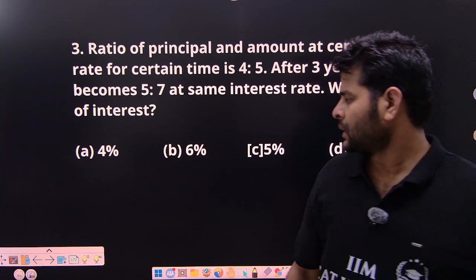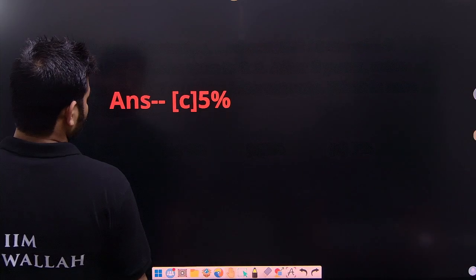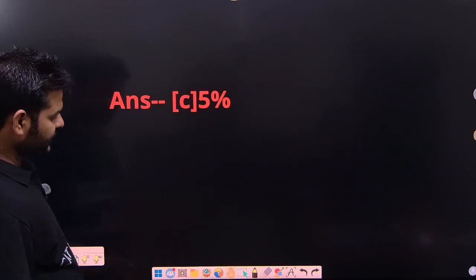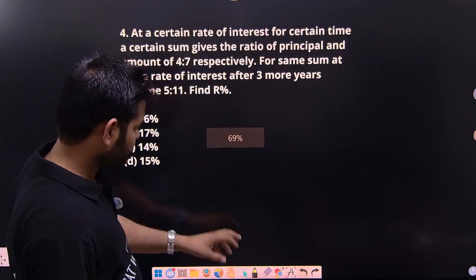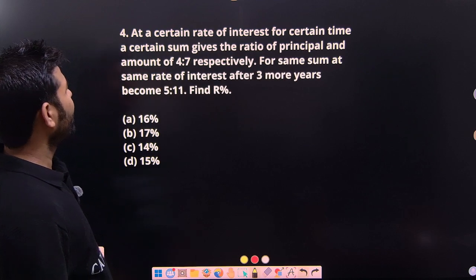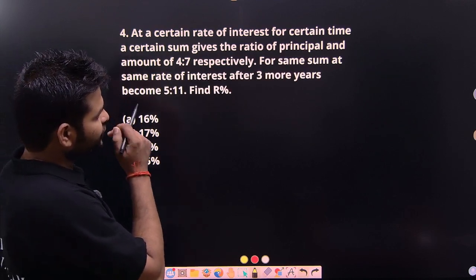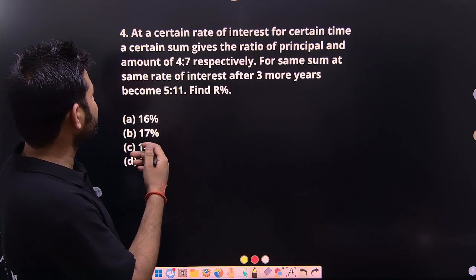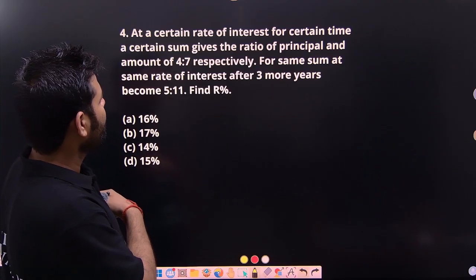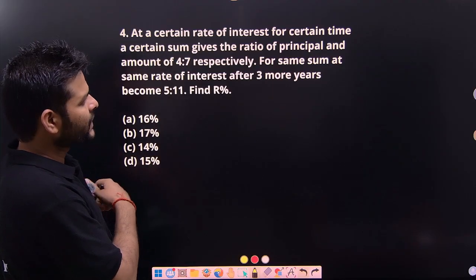Guys, if you are doing question number 4, then it's fantastic. So what is the concept you need to understand? At a certain rate of interest for a certain time, a certain sum gives the ratio of principal and amount of 4:7 respectively.